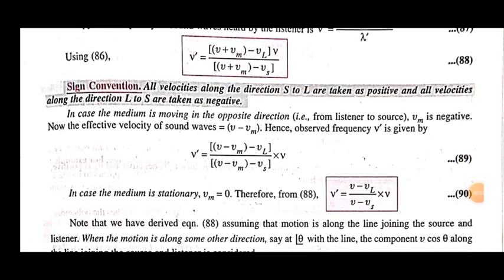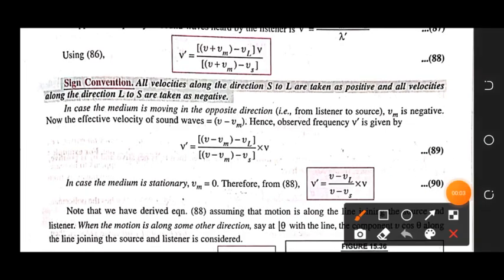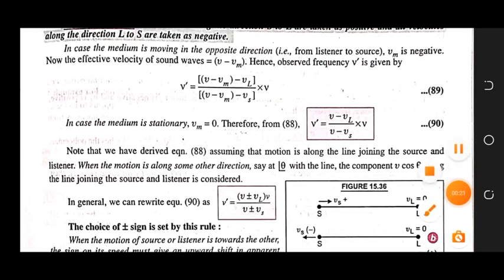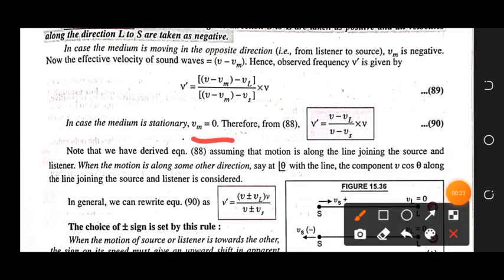So this is the equation we get for the situation when the medium is moving in the opposite direction: v minus vm, then minus vL, over v minus vm, then minus vs, into nu. And finally, if we impose the condition that the medium is stationary, that is vm is 0, then we get this case.